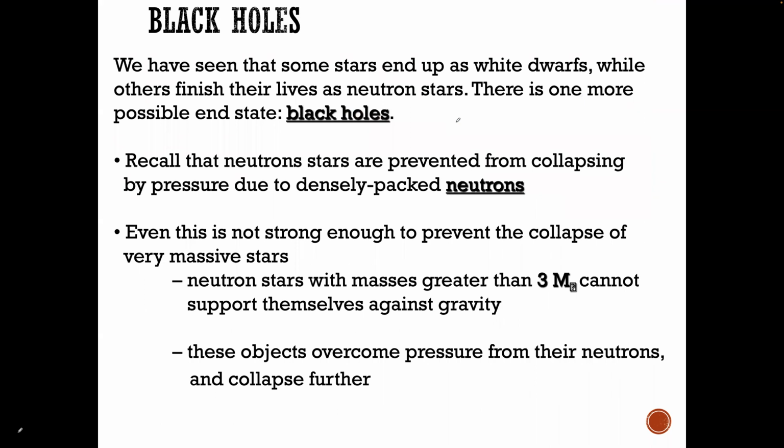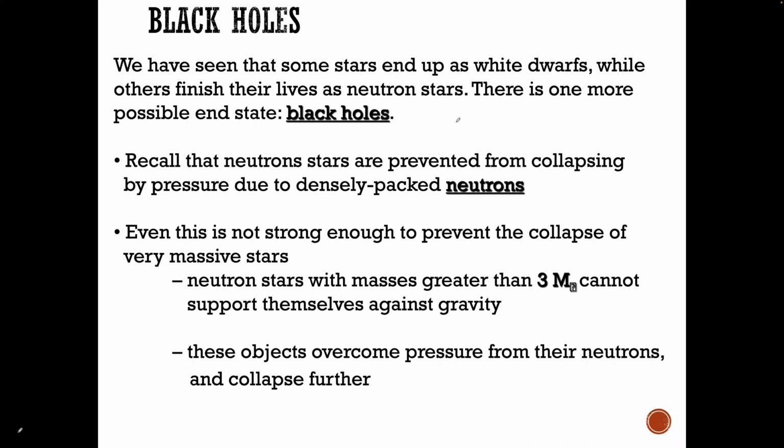Now, having that in mind, let's look at the process of the formation of these black holes, right? Now we have seen that some stars end up as white dwarfs and some of the other stars will end up as neutron stars. If you have a very low mass, less than 8 solar masses for a star, those types of stars will end up as white dwarf stars.